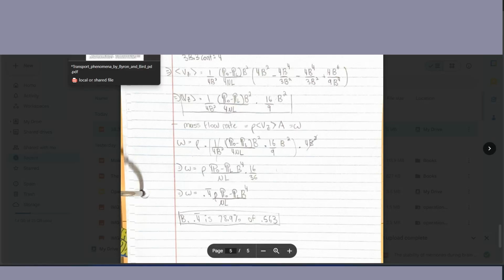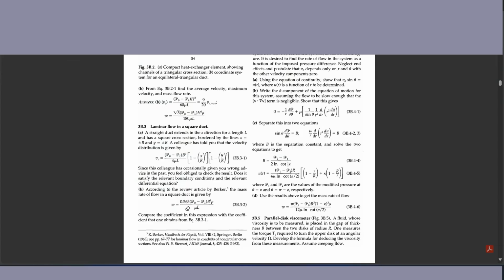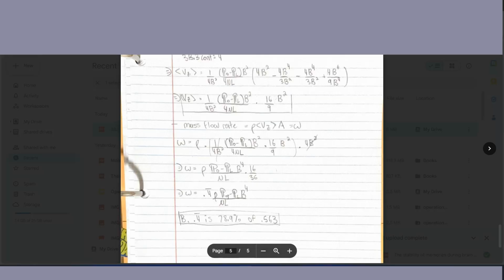And so our mass flow rate equals 0.4 repeating times this expression. And if we look at the given mass flow it gives us 0.563, all of the same variable terms. And so we can see that our mass flow rate is 78.9% of the given mass flow rate. And so our mass flow rate's wrong, basically.